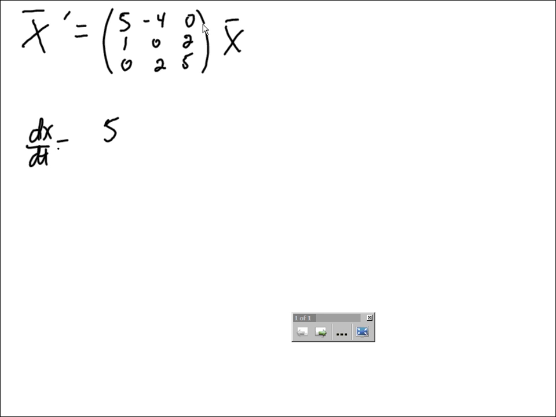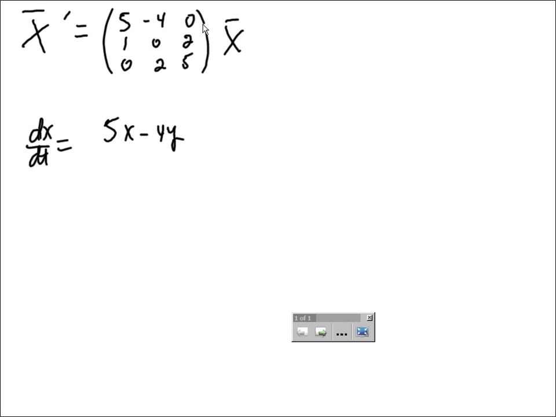We still want to find out what x is. 5, negative 4, 0, etc. Now, just for the record, this came from dx/dt is equal to 5x minus 4y plus 0z.